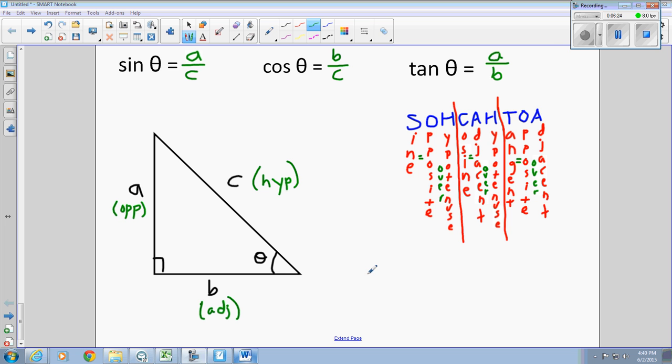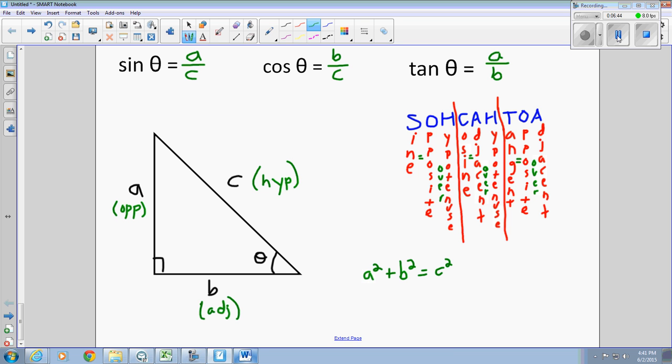Pythagorean theorem states that A squared plus B squared equals C squared, or your opposite side squared plus your adjacent side squared equals your C squared.